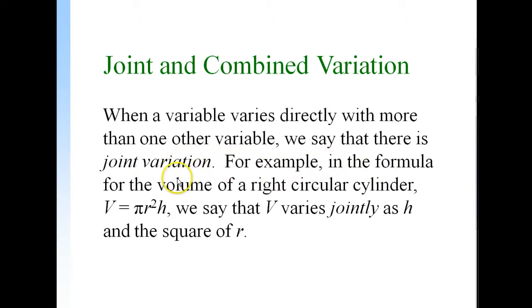For example, in the formula for the volume of a right circular cylinder, which is this, we say that V varies jointly as H and the square of R. So what does it look like here is our constant of variation, by the way. Think about it for a moment, and it's pi right there, because they're not saying anything about pi.